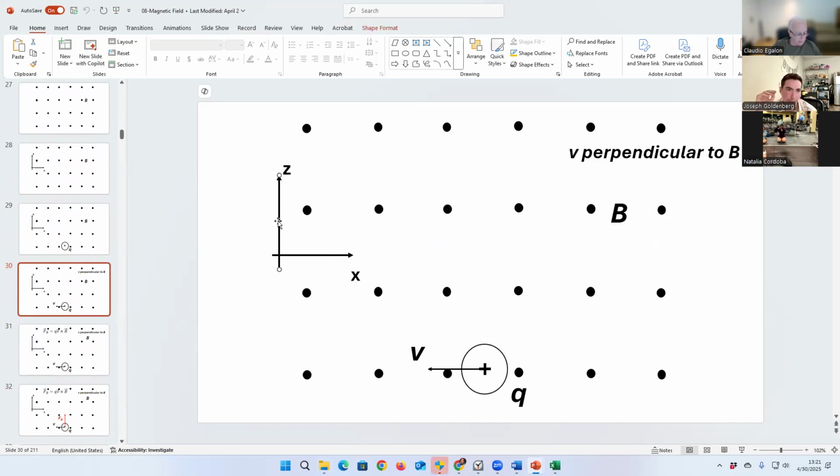So here you go. That's the velocity, and that's the force vector. When you have a force perpendicular to the velocity vector, the particle is going to change direction of motion, and by changing direction I mean it's going to describe a circular trajectory.